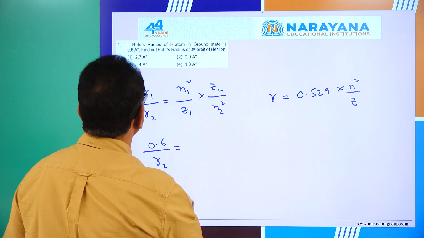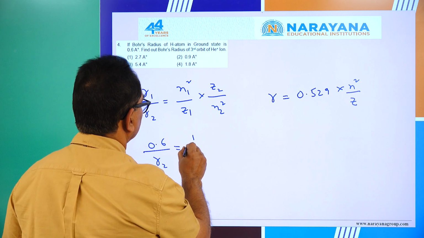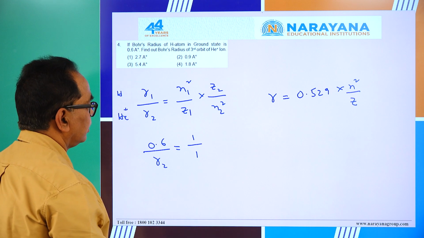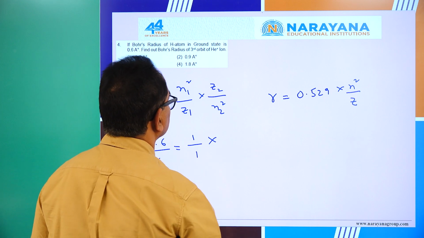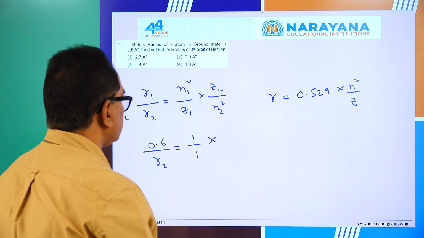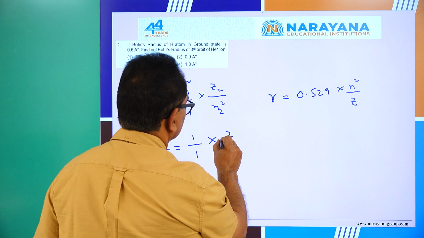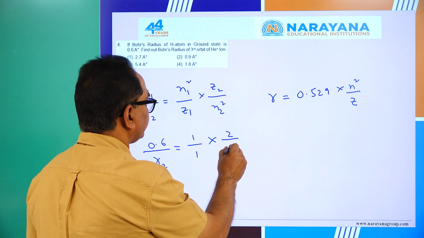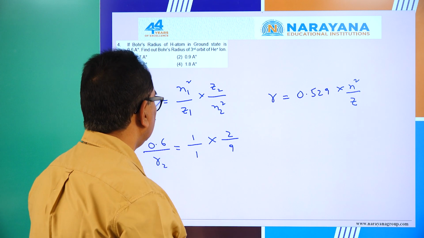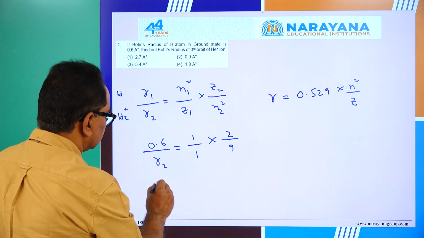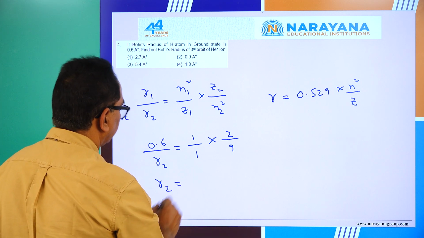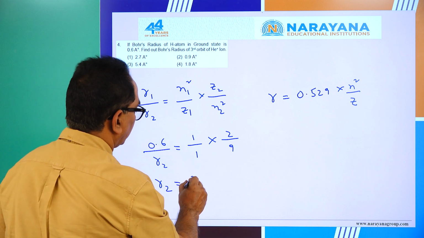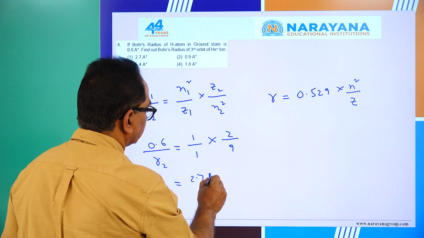For hydrogen, this is 1 square, this is also 1. For helium plus, Z2 is 2, and we need the third orbit, so N2 square is 9. When you simplify this, you will get R2 as 2.7 angstrom.